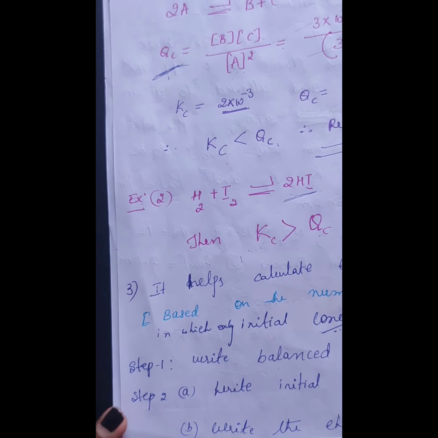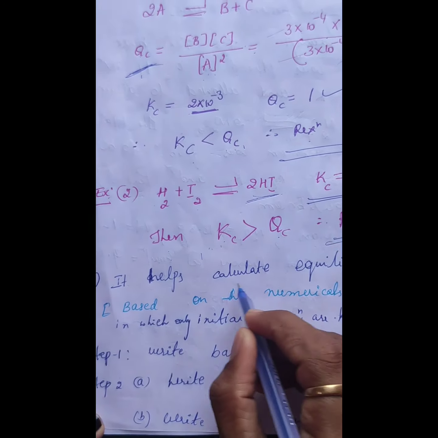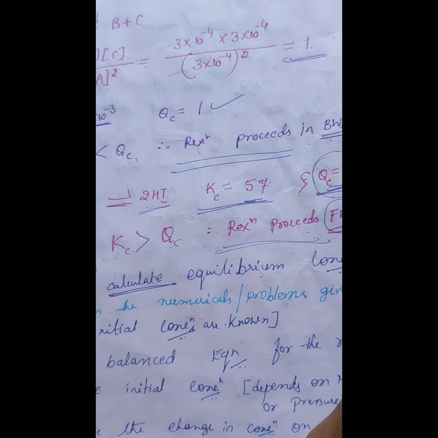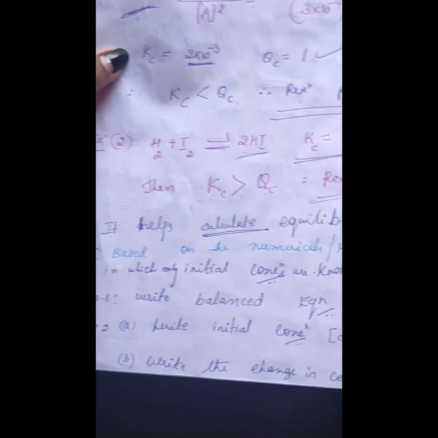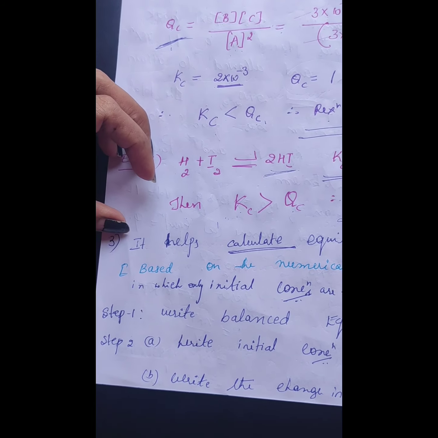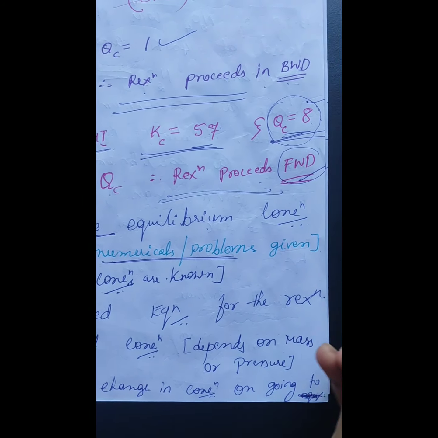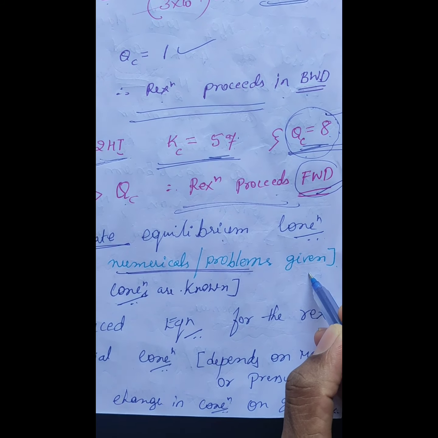Now children, let us move on to the third important application, that it helps to calculate equilibrium concentration. So how can we calculate the equilibrium concentration with the help of K? Very simple. That is mainly based on the numerical or problem they have given, with whatever data they have provided.